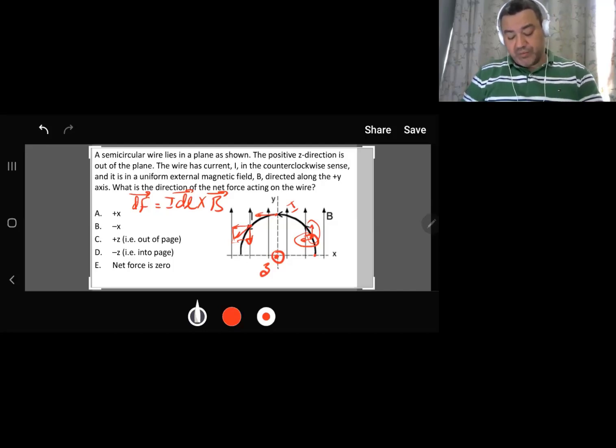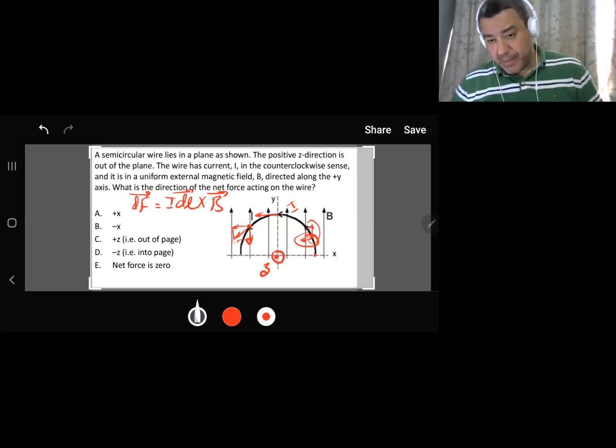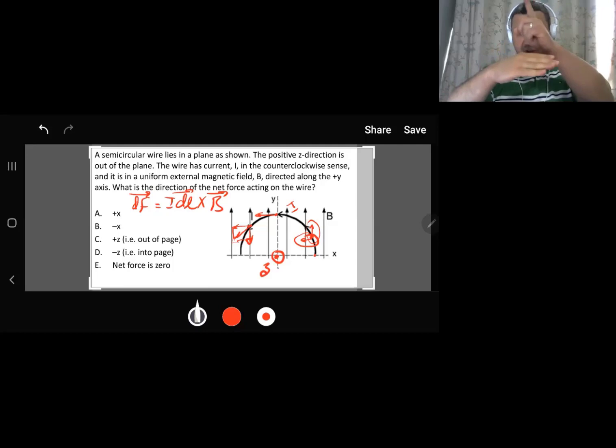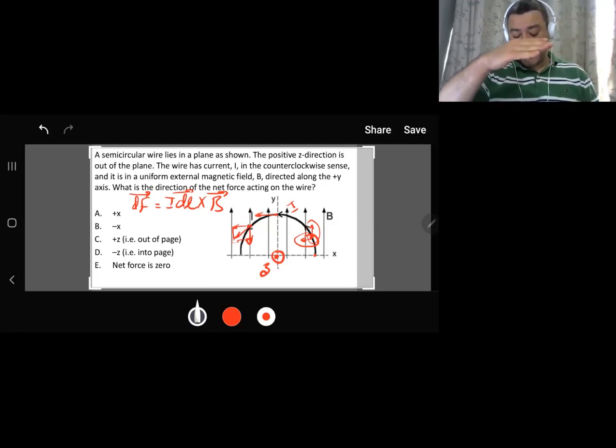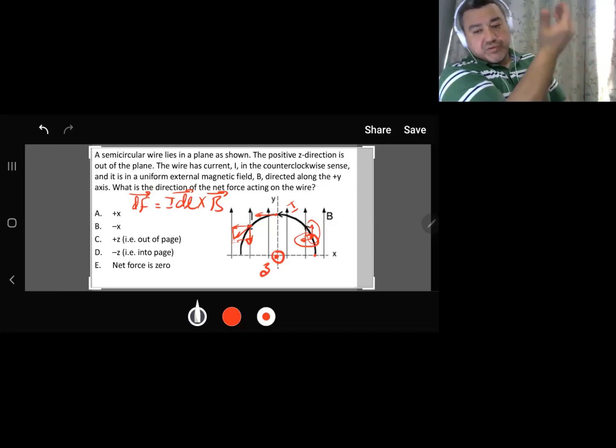If I want to know the direction of my magnetic force, I take the cross product between this vector, L, and my magnetic field. My B is pointing up. In this case, I will be going in this direction, and I will curl in the direction of the magnetic field.